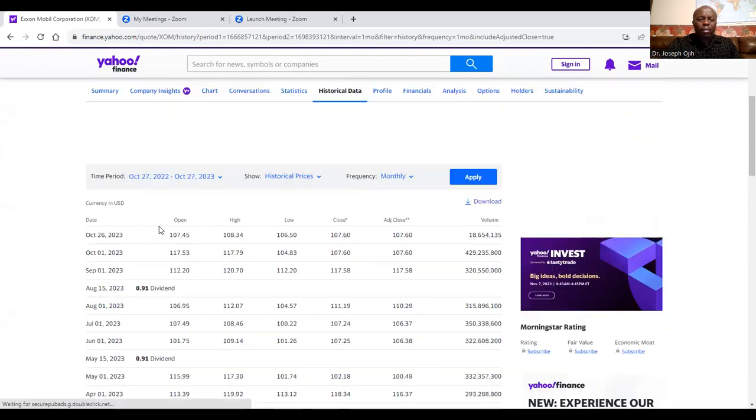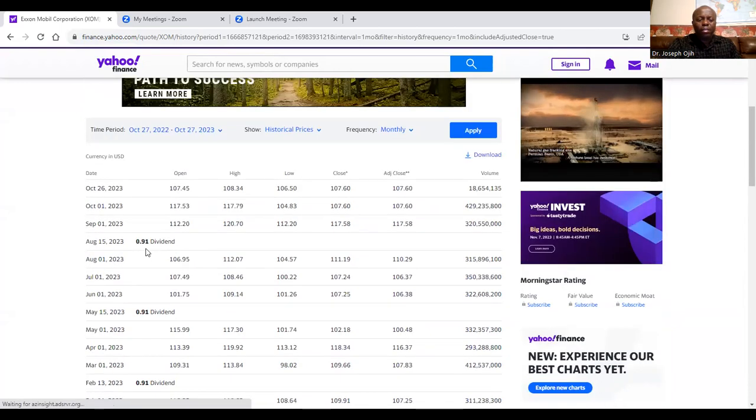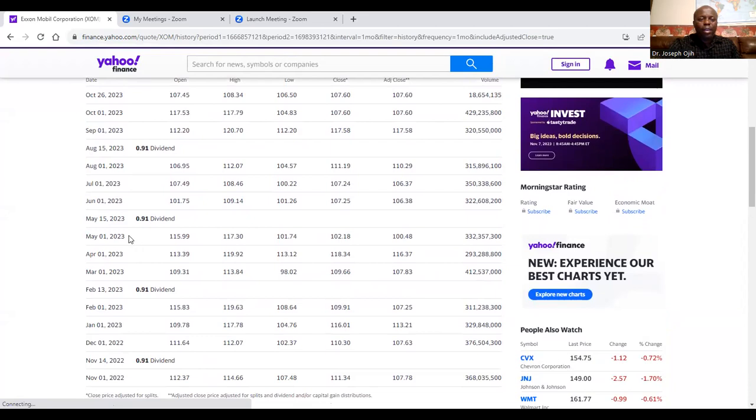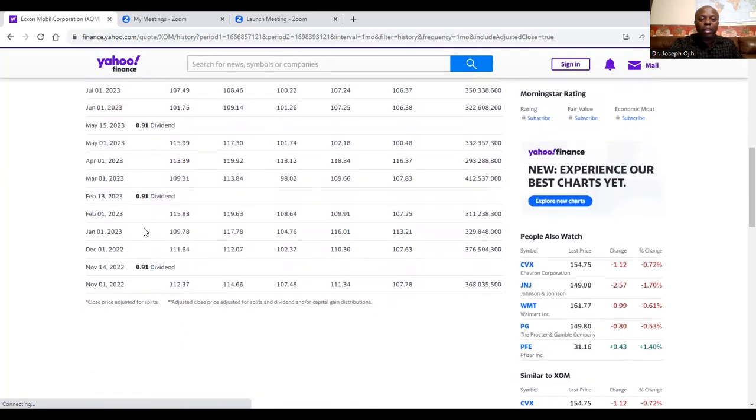You can see the dividend they paid in August of 2020 was 91 cents per share, and they paid 91 cents per share as well in May of 2023, and so on and so forth.